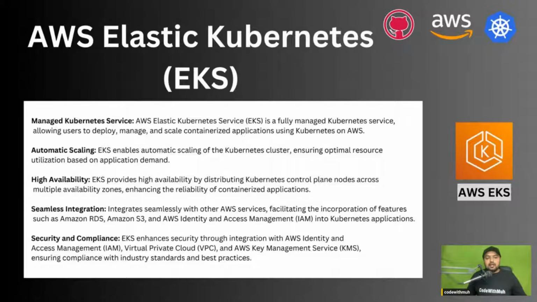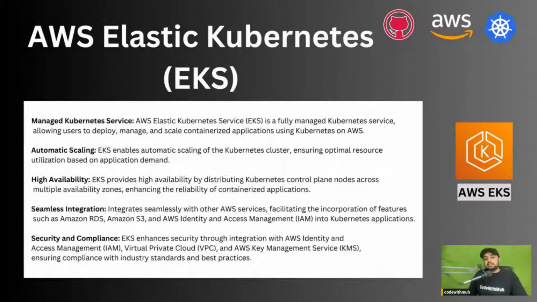And then the other thing is high availability. Sometimes a server can go down. But there's a 99% chance there will be high availability. Your website will not go down.